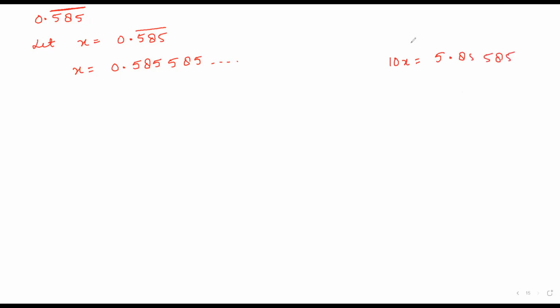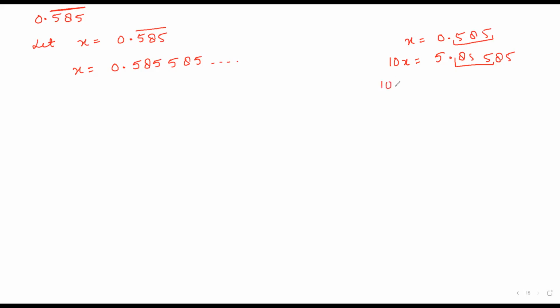Understood? And my actual x is this 0.585. So after decimal, I should get 585, but I'm not getting 585, I'm getting 855. So it is becoming different after decimal. And then if I subtract it, I'll get some third kind of number. So I want to make things similar after decimal so that after subtraction, it becomes a pure number. Got the point?